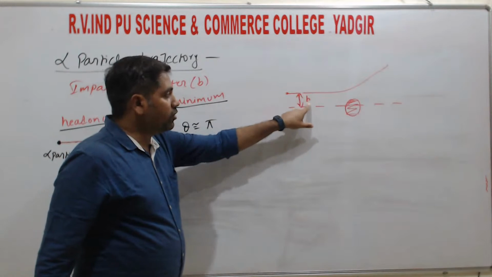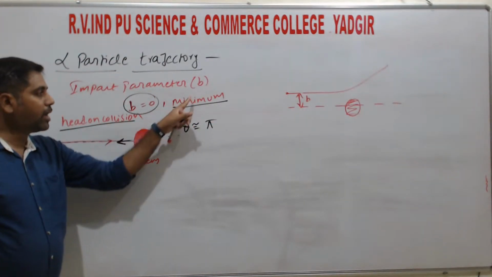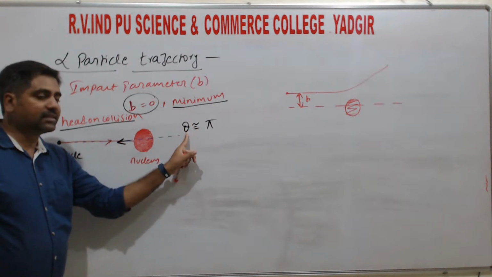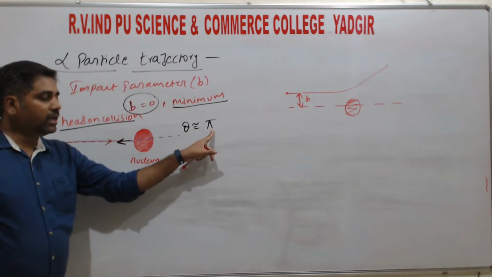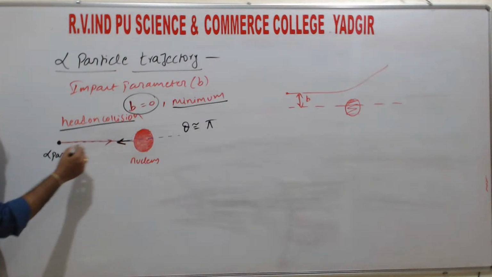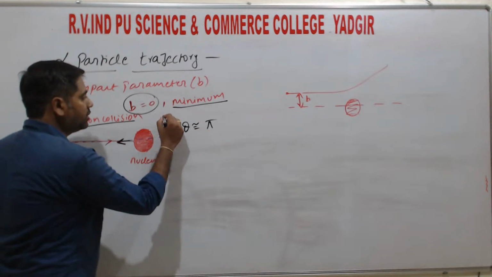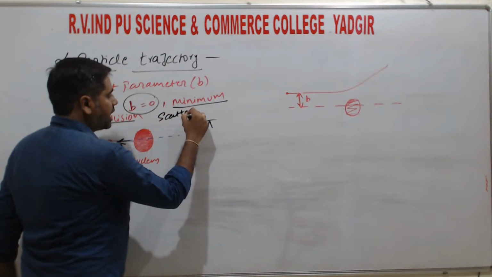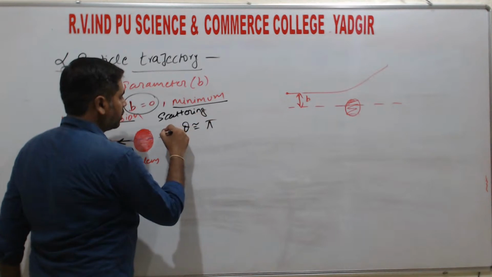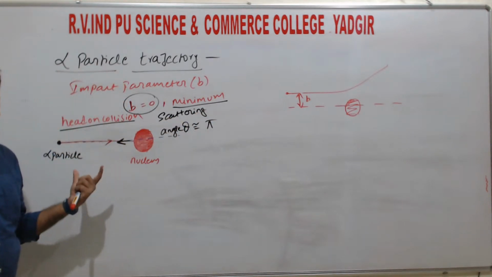So if the b value is 0, the impact parameter is minimum, then the scattering angle theta is equal to pi, that is it scattered back with an angle of 180 degree, where theta is the scattering angle, right?